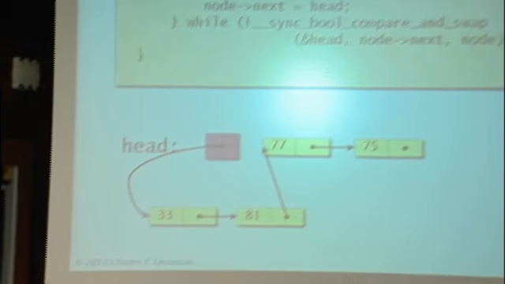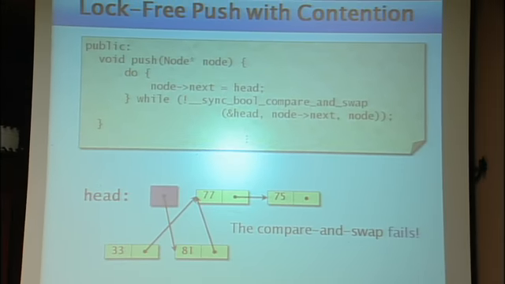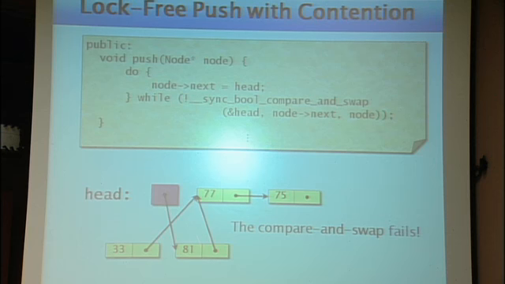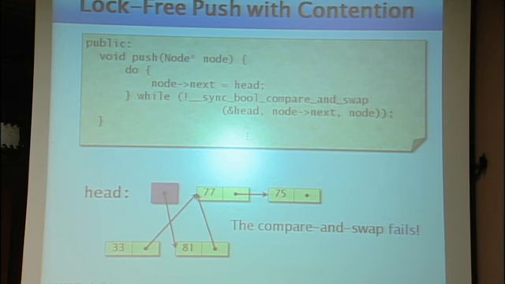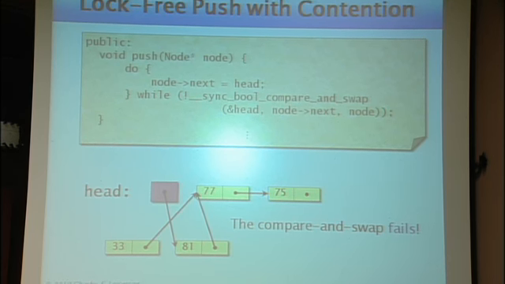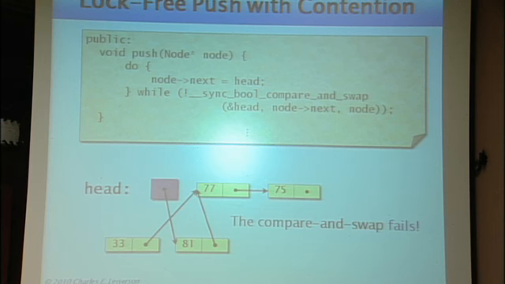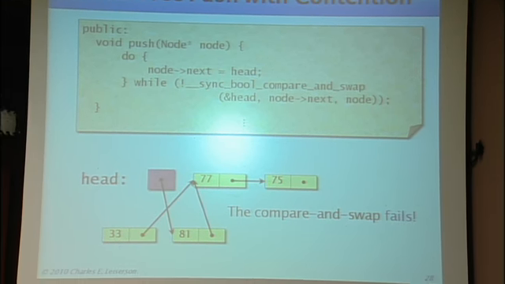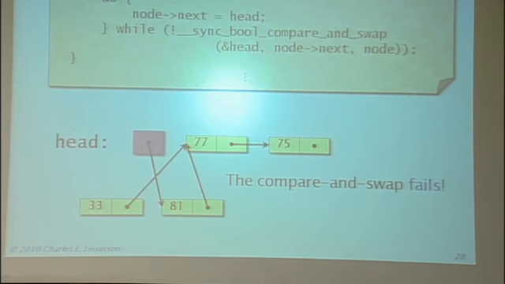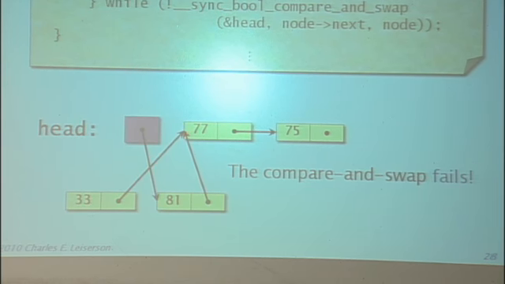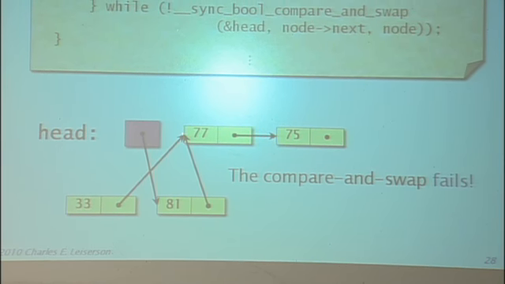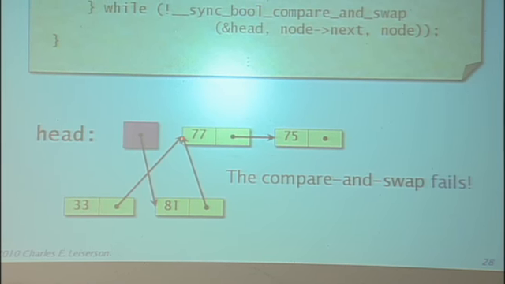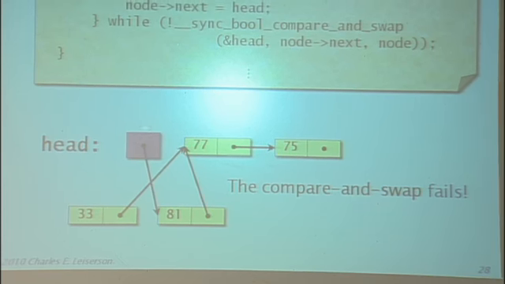So if I go back a couple of slides, they both expect, in this case, the address of the node containing 77 to be in this location.